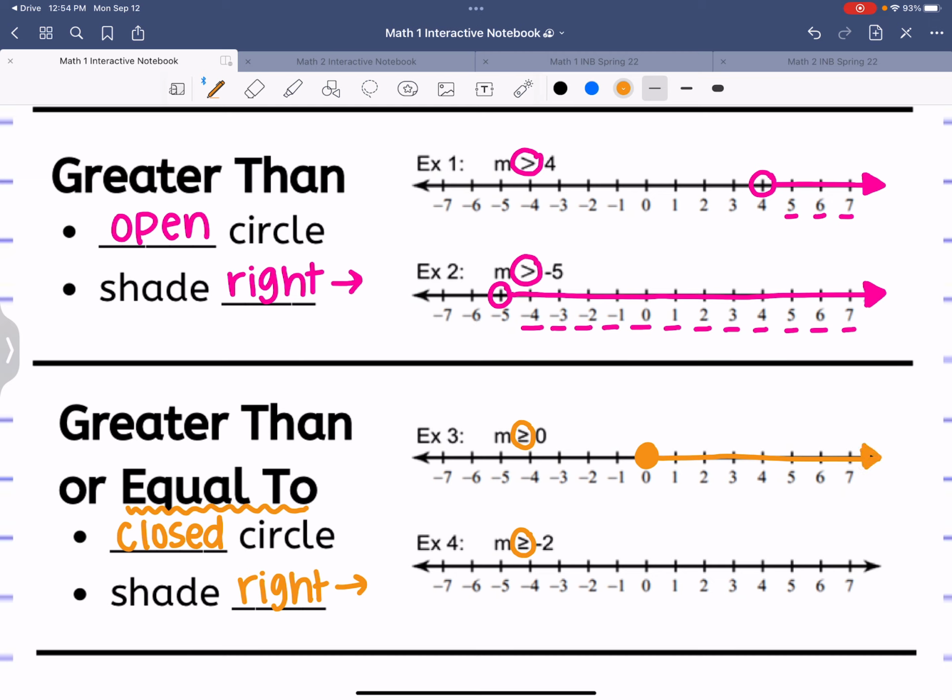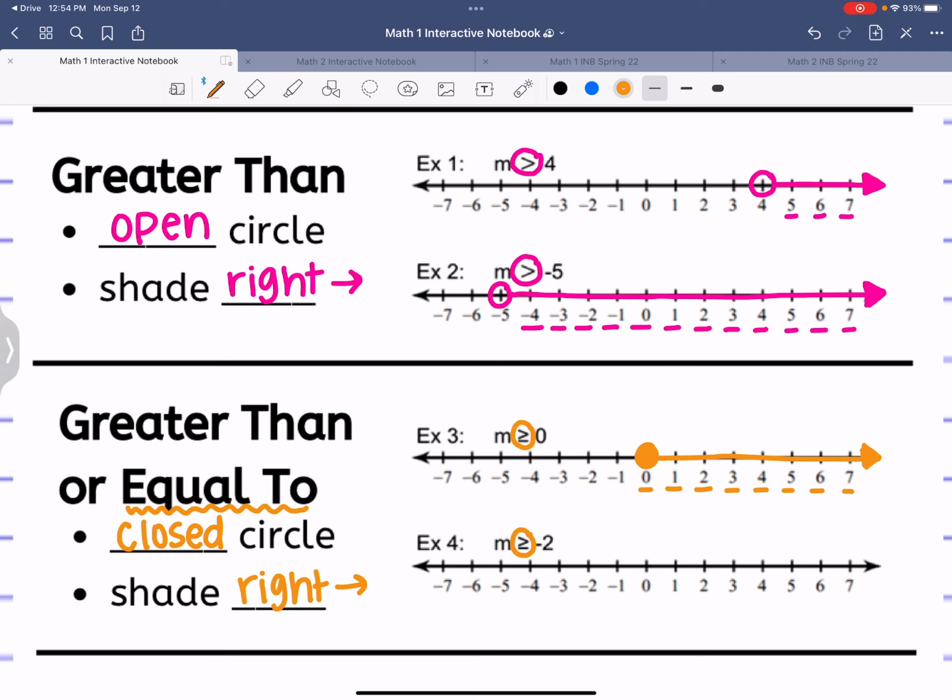All the values that are to the right are greater than 0, and the closed circle represents the equal to. So 0 is equal to 0. 1 is greater than 0. 2 is greater than 0, and so on.